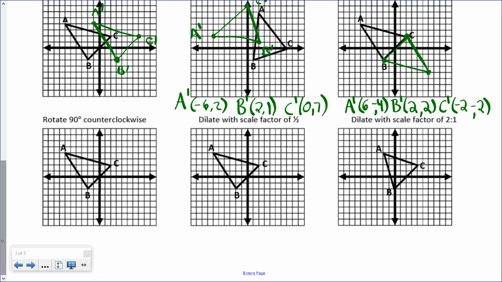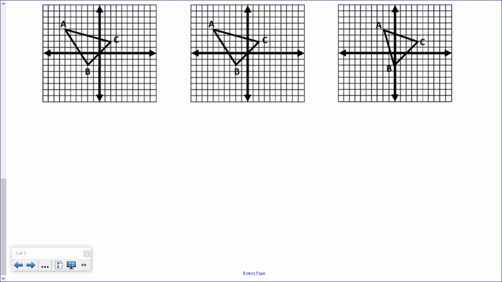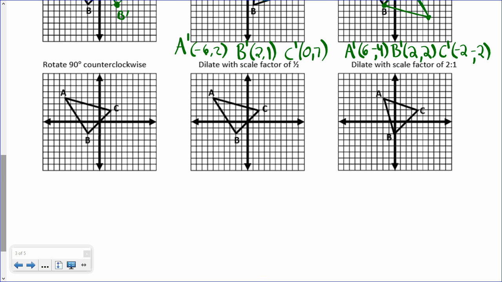Because rotation tends to be the most tricky one, I have one more for you guys to do. Go ahead and try this 90 degrees counterclockwise for me, please.